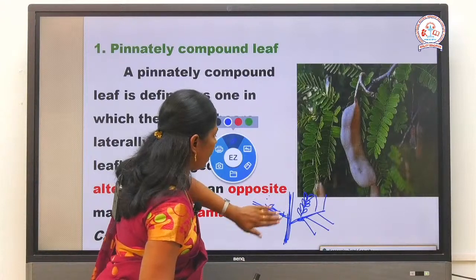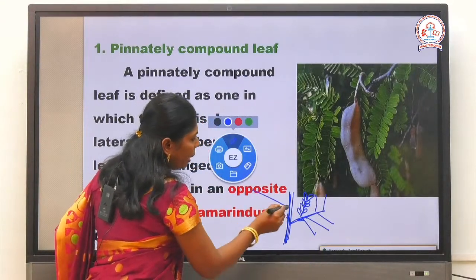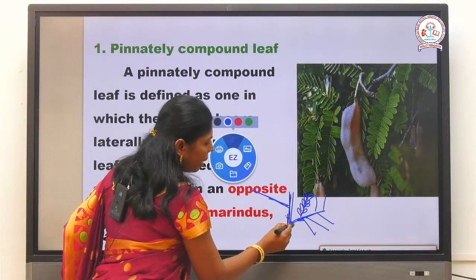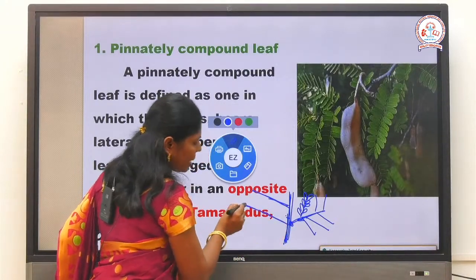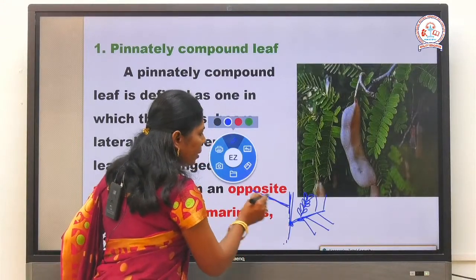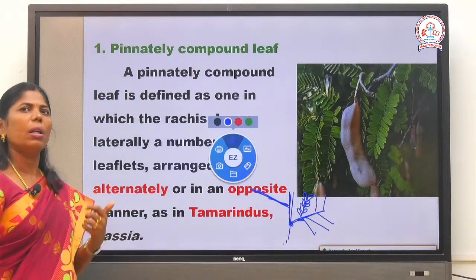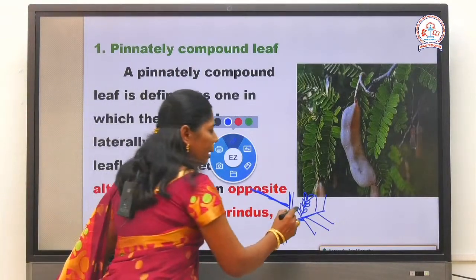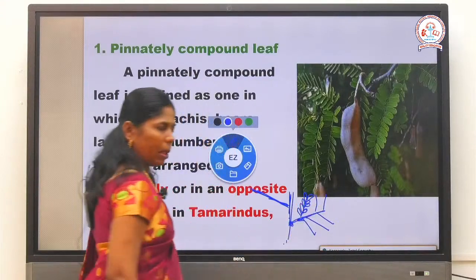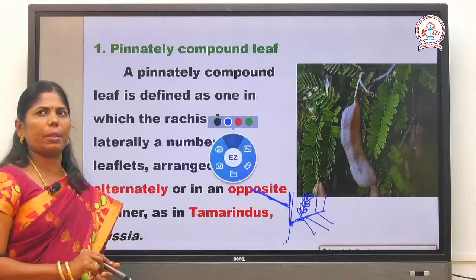The lateral rachis arising from the main rachis bear leaflets, and the rachis are arranged alternately. Here the leaflets are opposite: if a leaf is arranged here, another leaf comes opposite. But the rachis are in alternate condition.